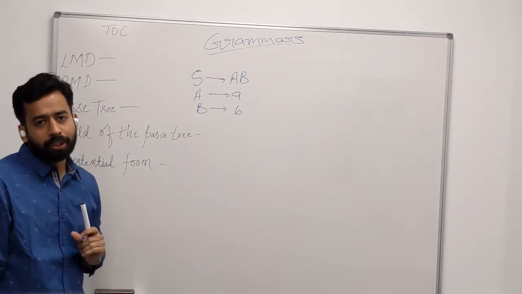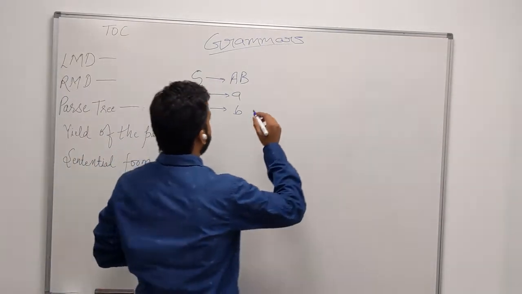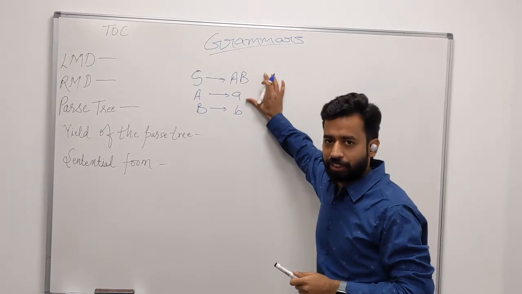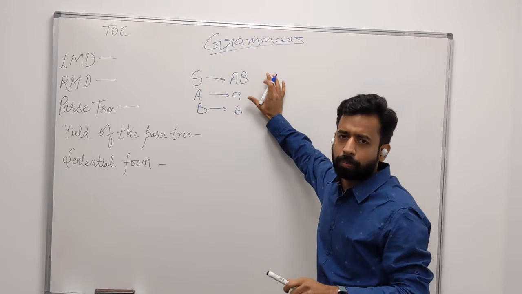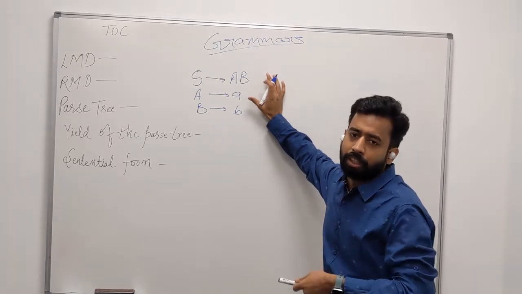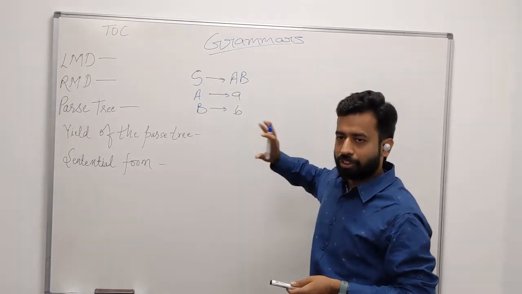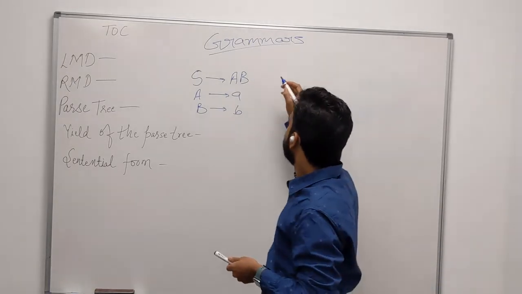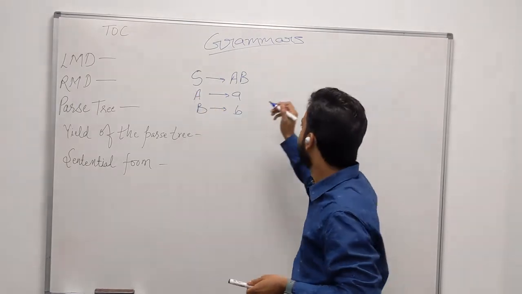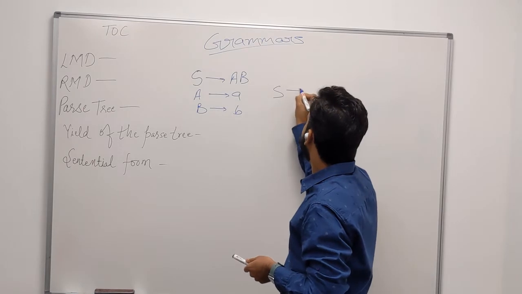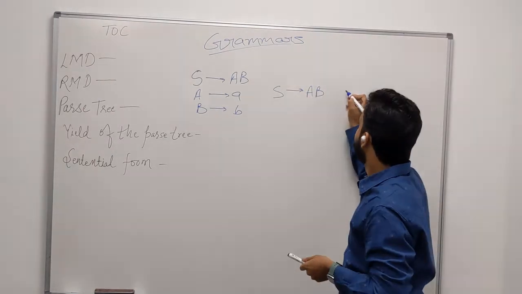So let me tell you about LMD first. LMD is also known as leftmost derivation. When we have to generate a string or a sentence, I can use both words alternatively, since string and sentence are the same. Whenever I have to generate a string from this grammar, I use the starting symbol first, S. S gives AB.